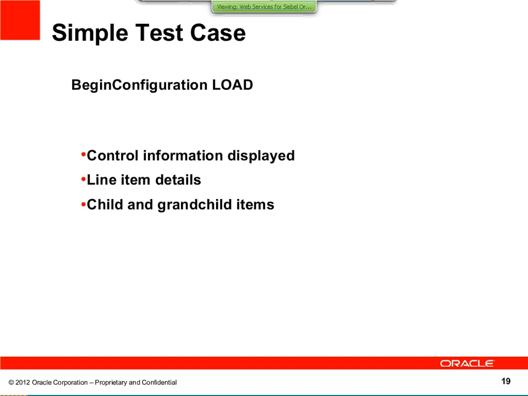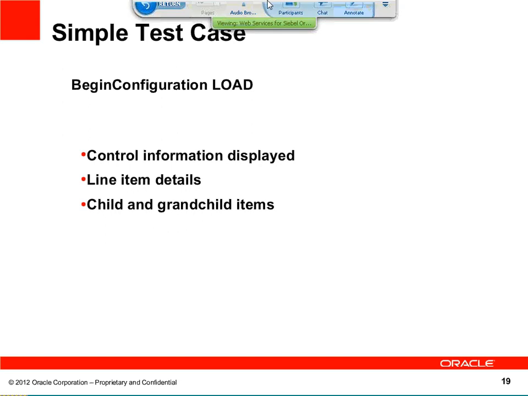So what you can do is control the amount of information that is returned by begin configuration load from the instance, as well as for update configuration. You can control the details of line items, or you can control whether only the parents are displayed, or the parents and child products are displayed, or parent, child, and grandchild products are displayed. Not from the relationship, from the actual product.